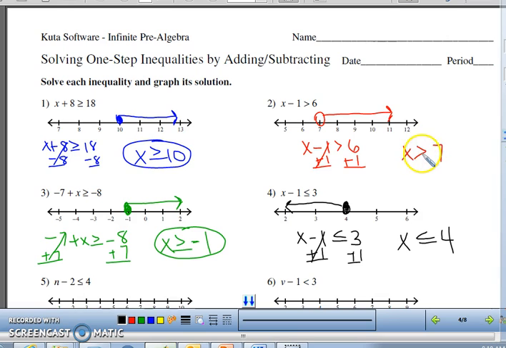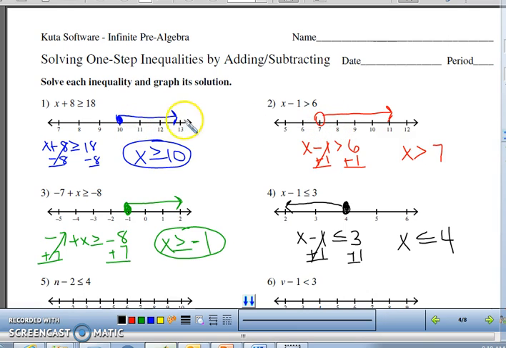If it's just a regular greater than sign or a regular less than sign, remember you leave it open. The reason is because if you think about the numbers that x could be, in this problem x could be 10 because 10 is greater than or equal to 10. But in this problem x cannot be 7 because 7 is not greater than 7. So if it's included, you color it in. If it's not included, you leave it open.